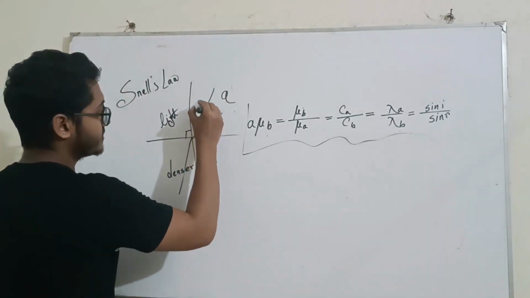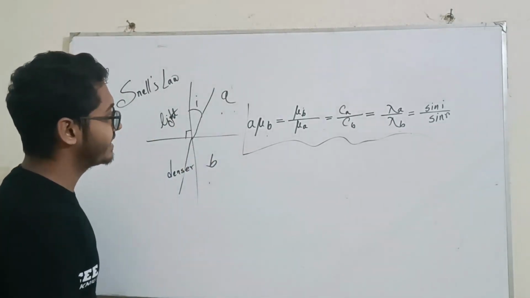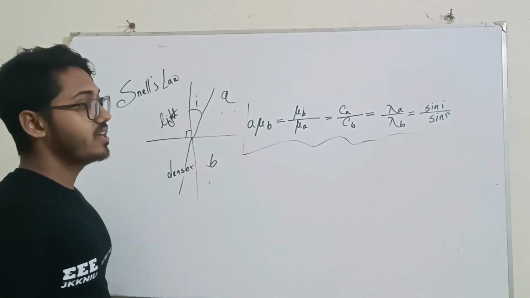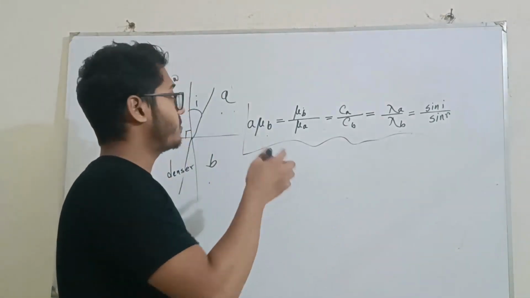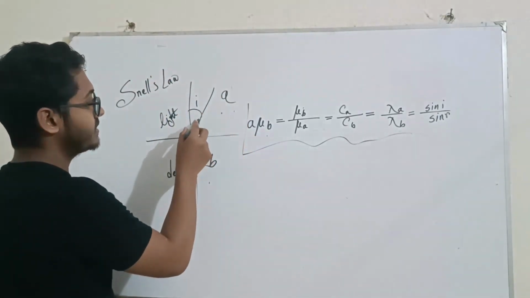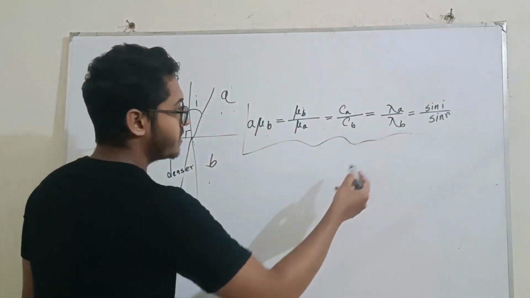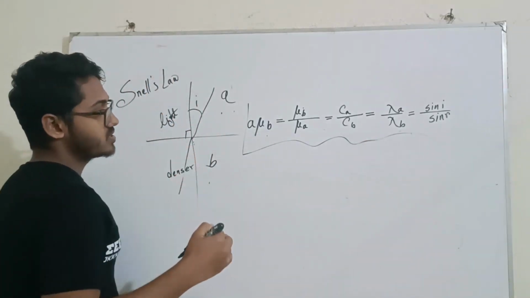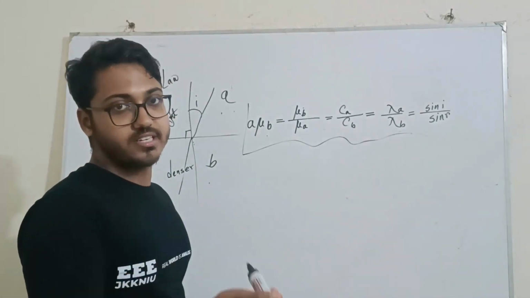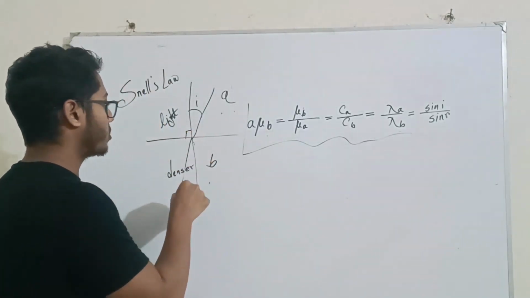This angle is the incident angle, the angle the ray coming from medium A makes with the normal, divided by the sine of the angle the refracted ray makes with the normal to this plane.